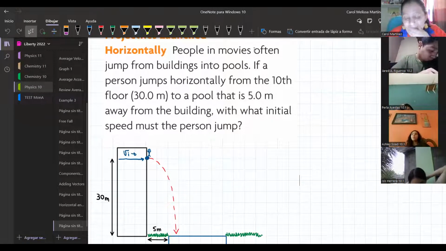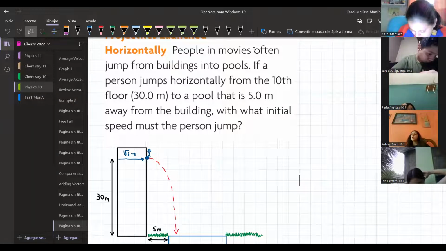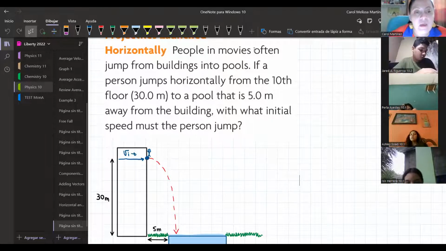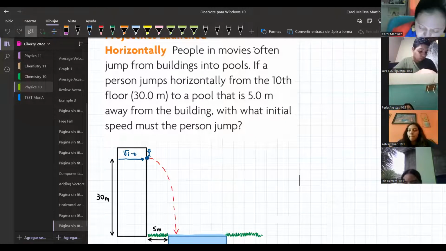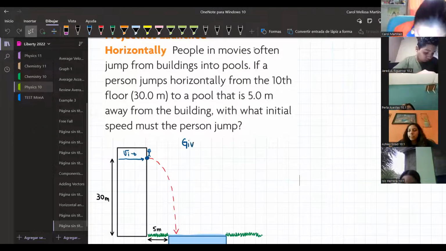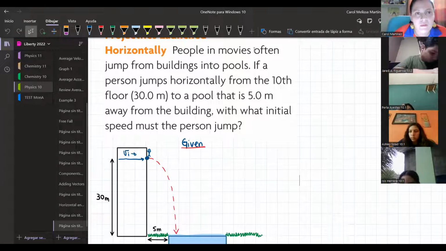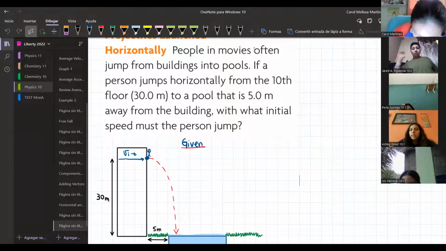Okay, it says with what initial speed must the person jump. So I'm going to write my given. The initial position of this person is in the building, okay?